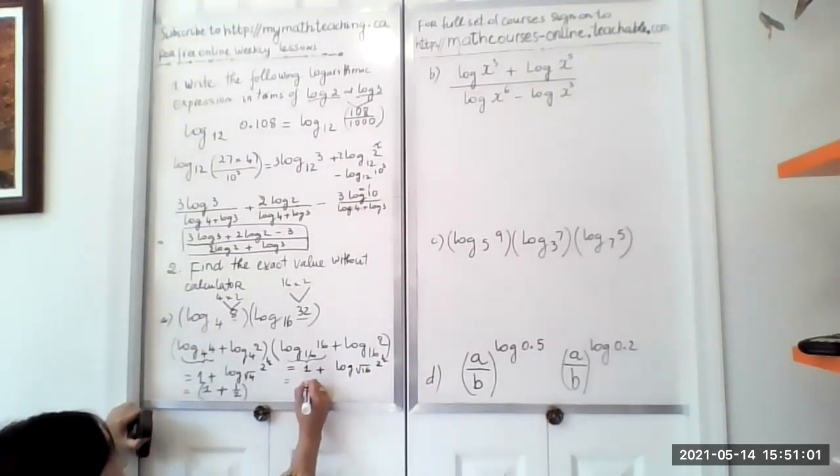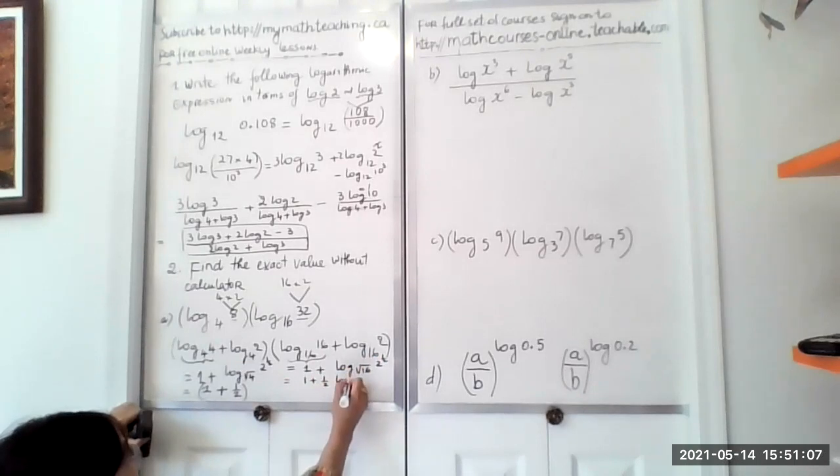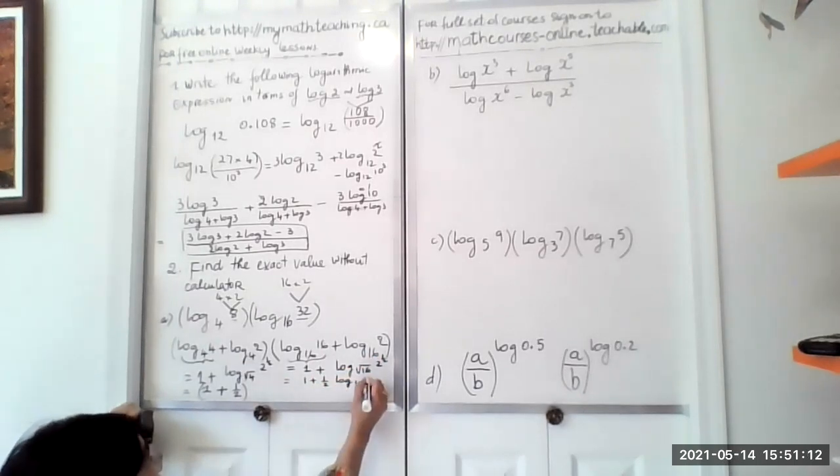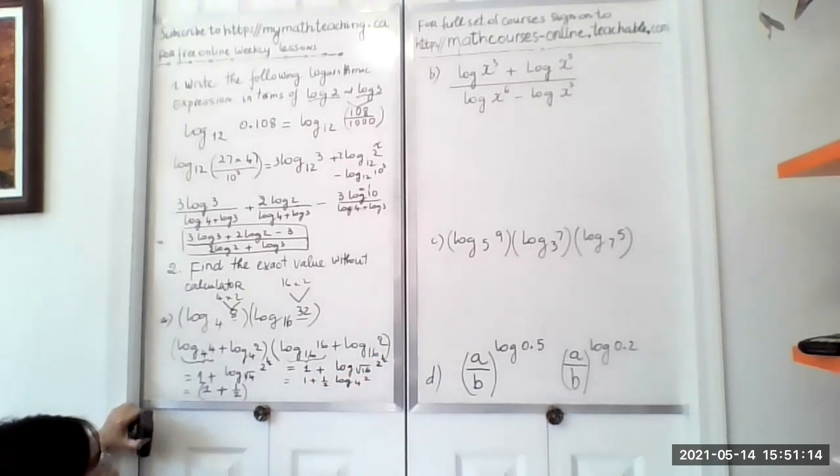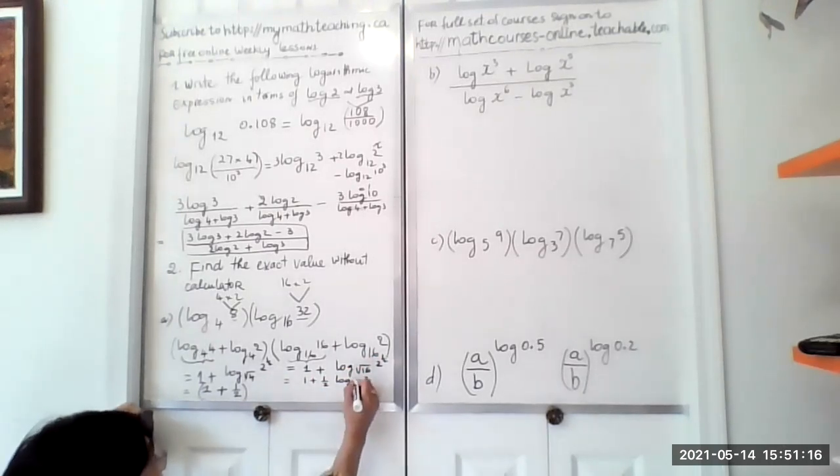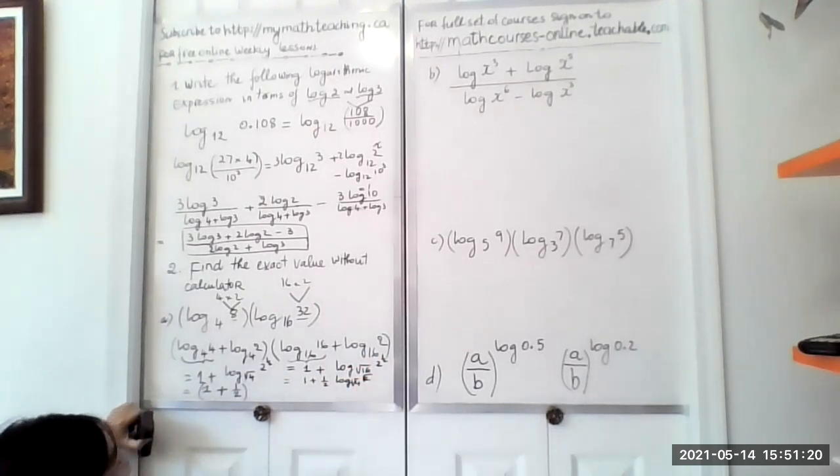So now we can bring the 1/2 in front, and the square root of 16 is 4, and this number is still 2. Then we have to do it one more time. We will take the square root of 4 and the square root of 2 as well.